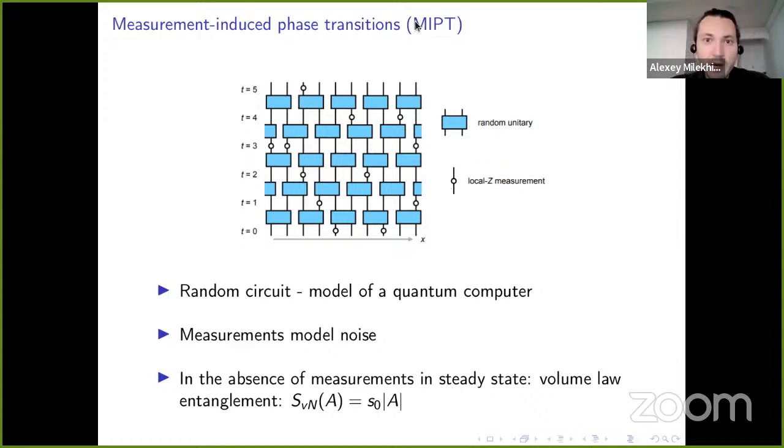Namely, if I pick up some interval A of qubits, then the von Neumann entropy of this subsystem will be proportional to the number of qubits in A. So this is what you will call volume law entanglement in one dimension.